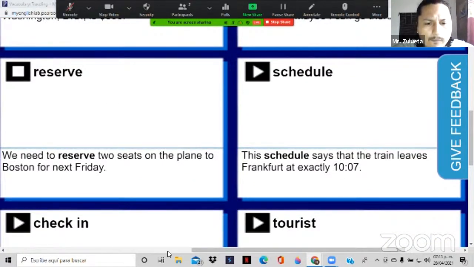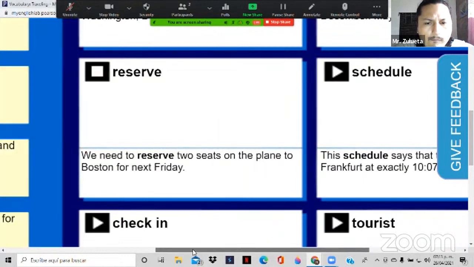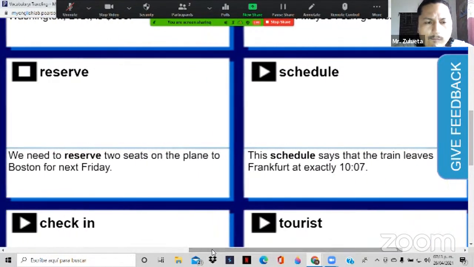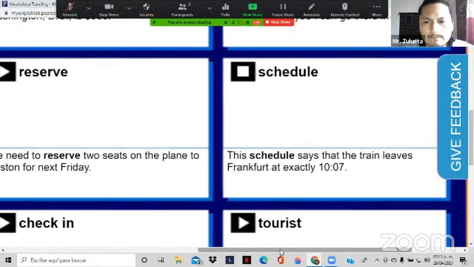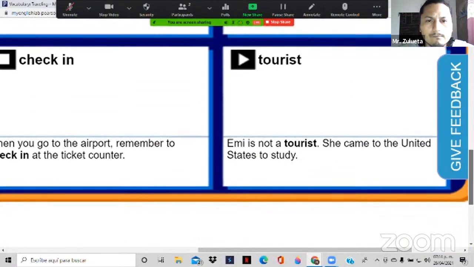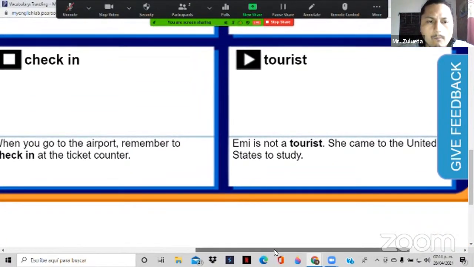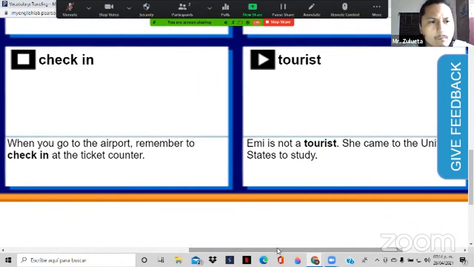Reserve. We need to reserve 2 seats on the plane to Boston for next Friday. Schedule. This schedule says that the train leaves Frankfurt at exactly 10:07. Check in. When you go to the airport, remember to check in at the ticket counter.